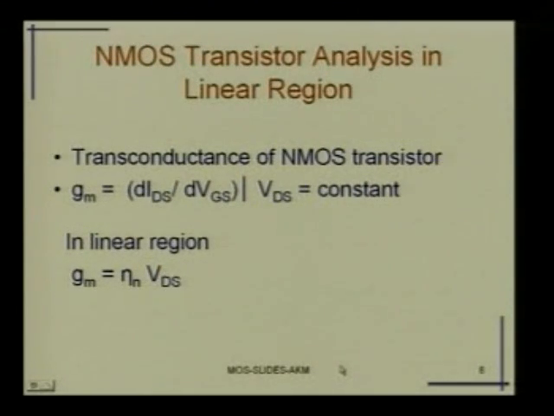So, the transconductance of an NMOS transistor, if you look at it carefully, is called the GM, in the linear region. It is like this.